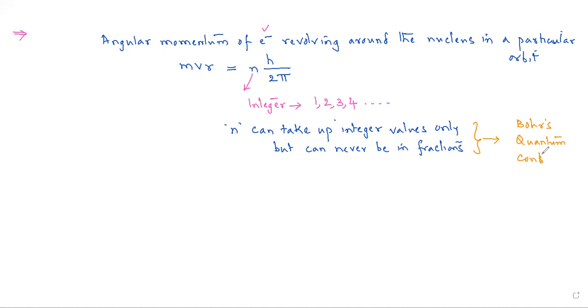I mean, electron revolves in only those orbits in which its angular momentum is equal to integral multiples of h by 2 pi, where h is of course Planck's constant, and 2 and pi are constants again. Okay. So these are the postulates of Bohr's atomic model.